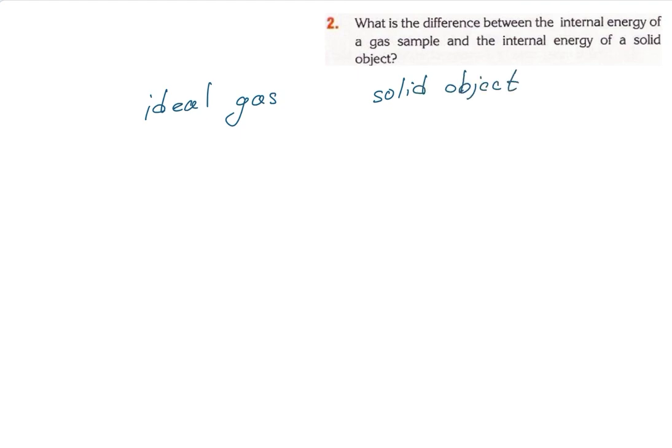So internal energy of ideal gas only depends on kinetic energy. But for solid objects, internal energy is the sum of kinetic energy of molecules plus potential energy of the molecules. What does potential energy mean?